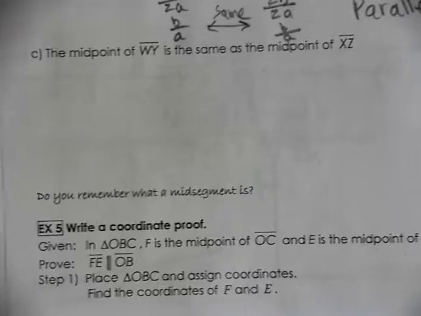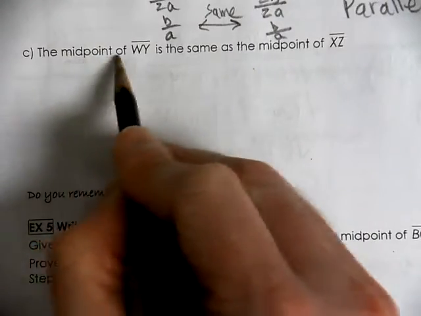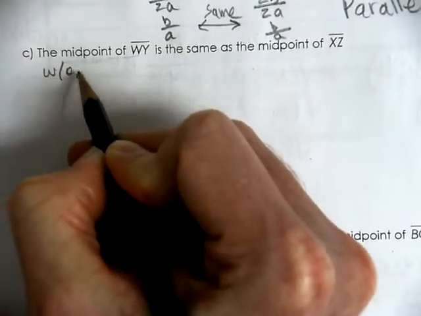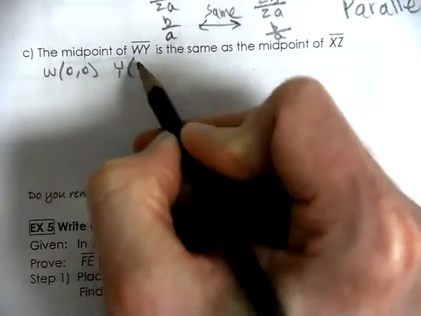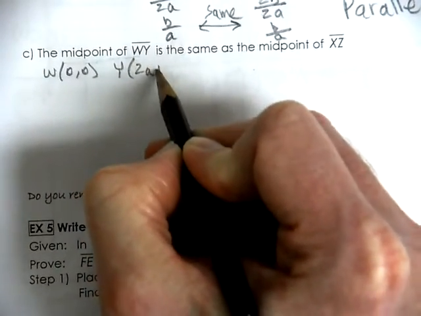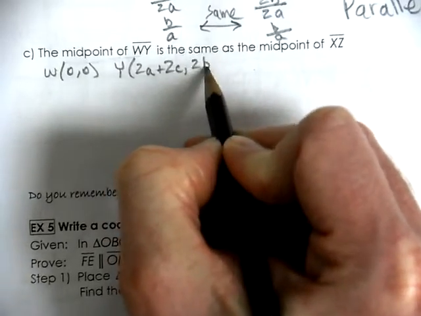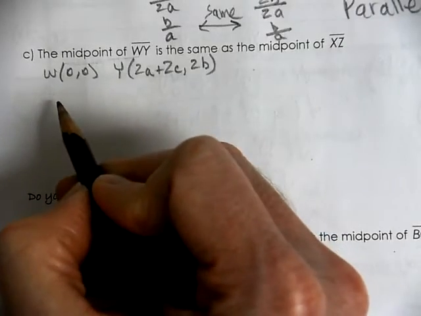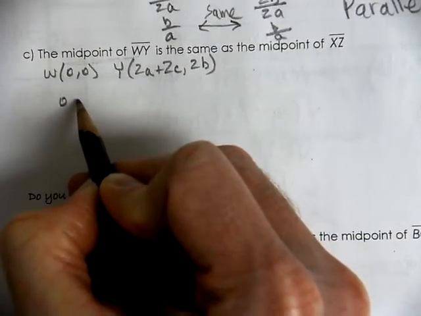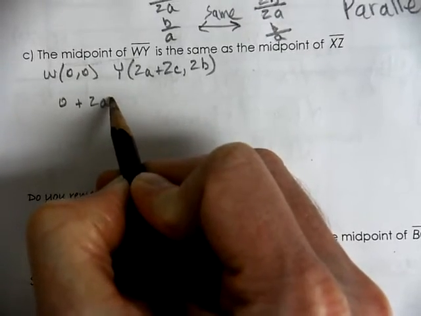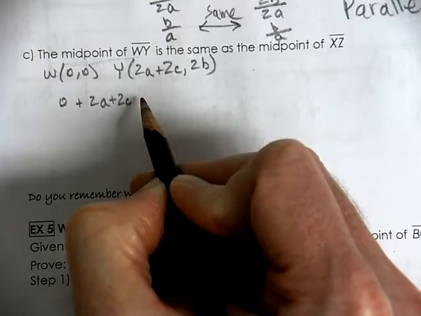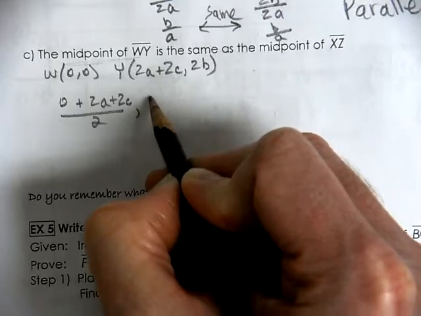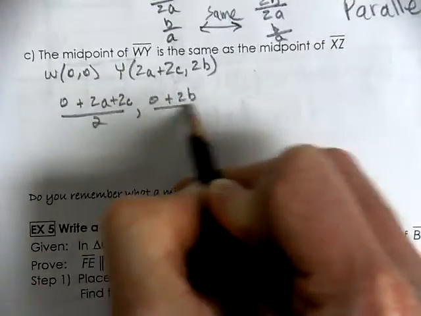Now we're going to come down here and do the midpoint. Remember that W is 0, 0. Y is 2a plus 2c, 2b. We're going to look for the midpoint of that. So that is our x1 plus our x2 over 2, and our y1 plus our y2 over 2.